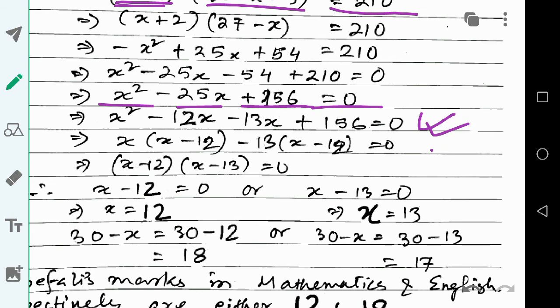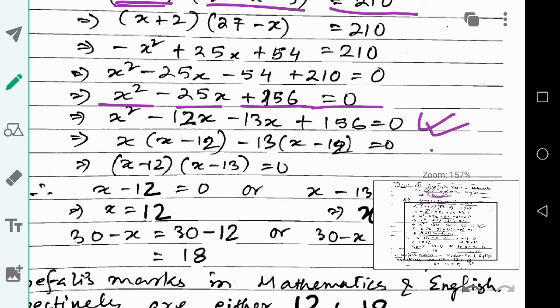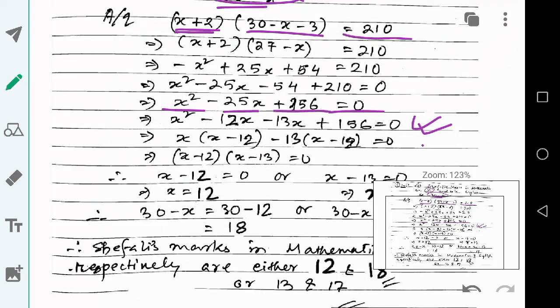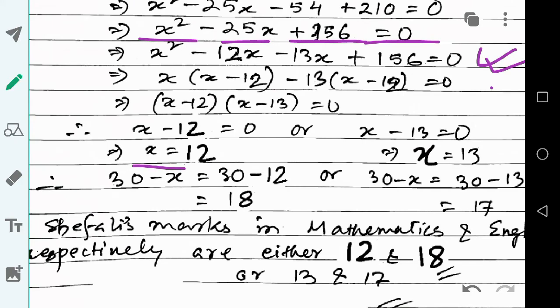So I have applied the factorization method here, and applying that method I have got x is equal to 12 or 13. If she gets x marks in mathematics, and x is equal to 12, that means she got 12 marks in mathematics. Then in English 30 minus x, that means 30 minus 12, that is 18.